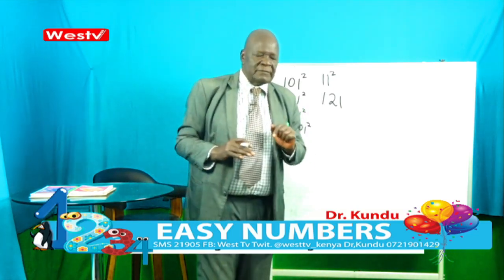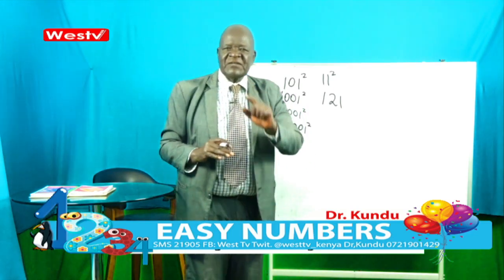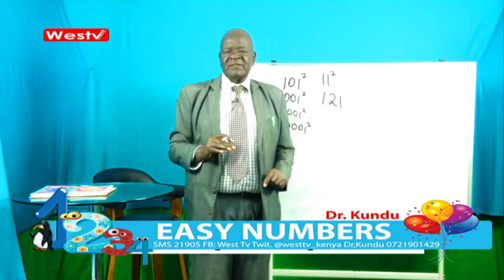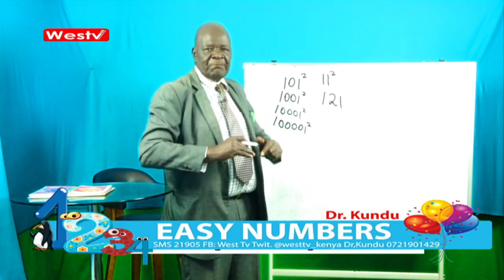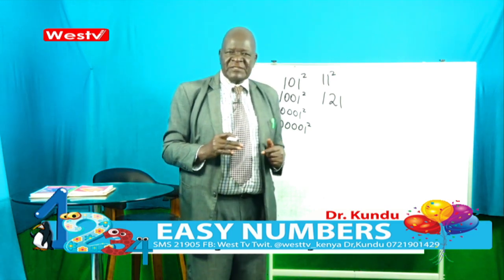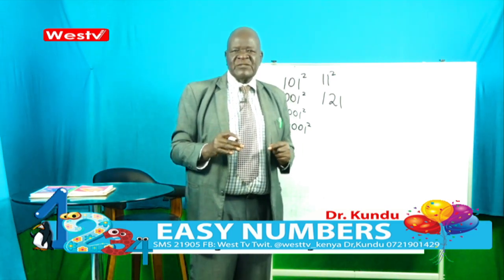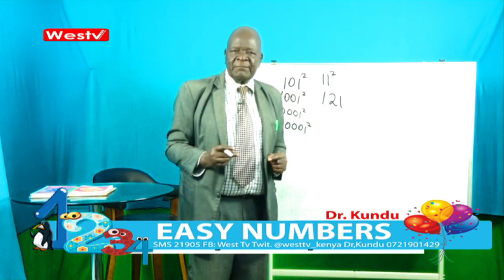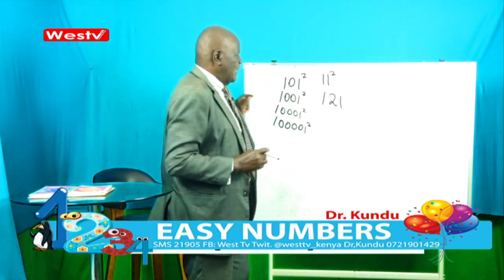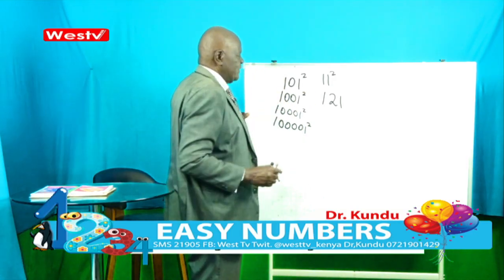Now let's go. Even grade 1 children can square this number. And yet it bothers even bigger teachers, even graduates, to square, simply because they do not know the behavior of numbers. Now let's look at 101 squared.